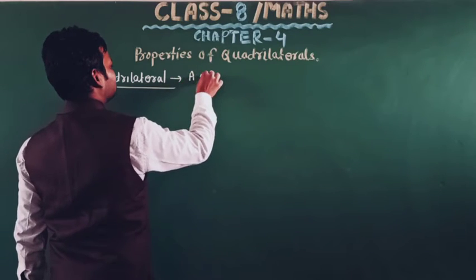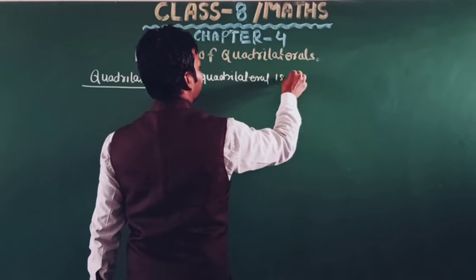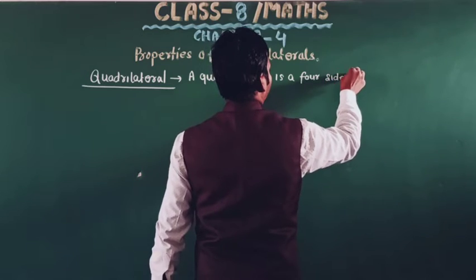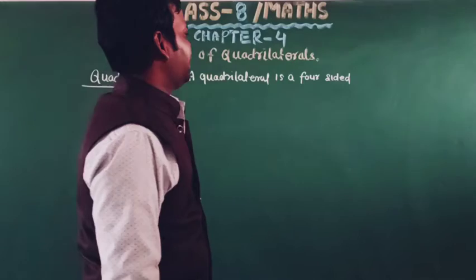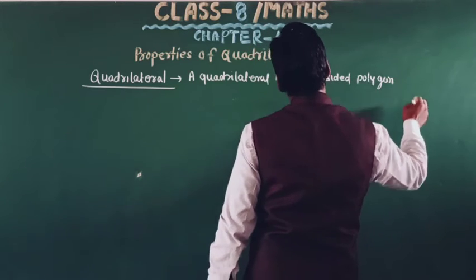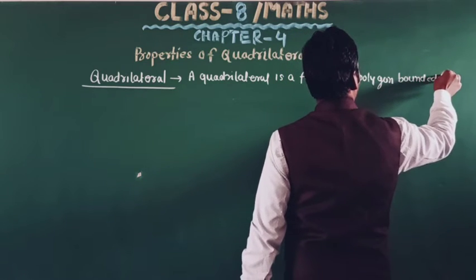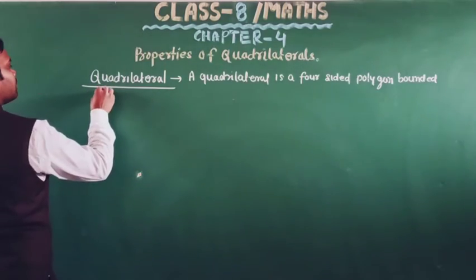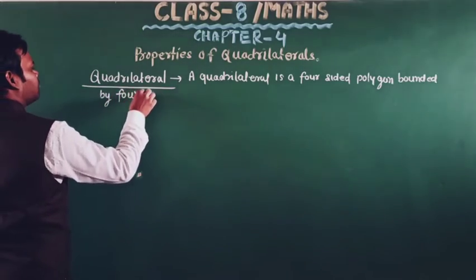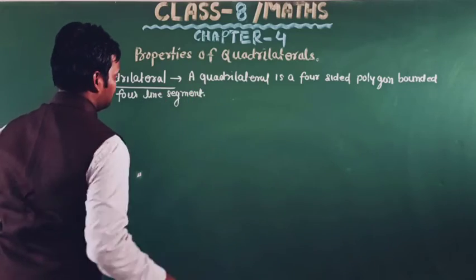Basically, a quadrilateral is a four-sided polygon bounded by four line segments.